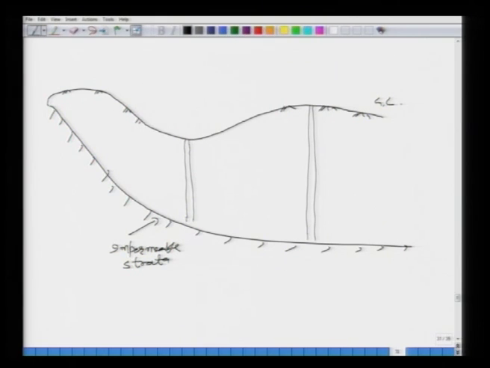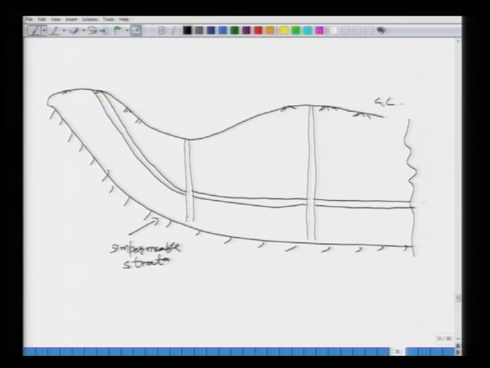And then you have some upper confining layer like this. So, this is some confining layer at the top. And I am not drawing this above, this is continuing here. So, this is your upper confining layer.